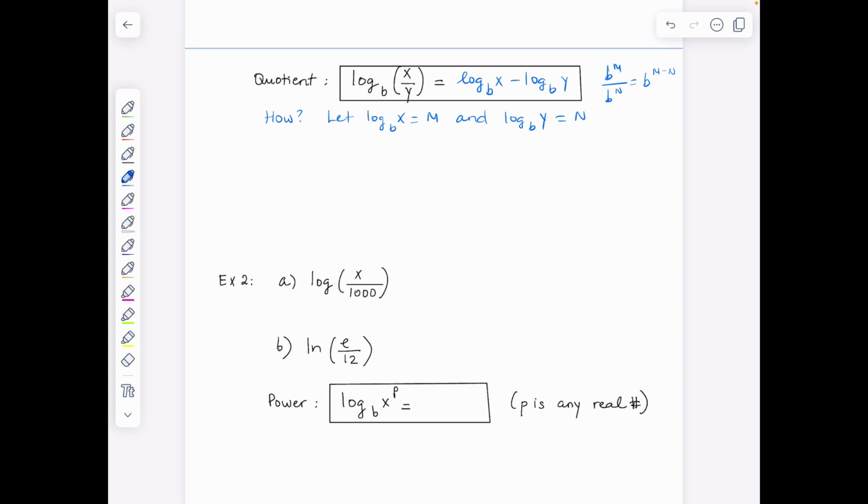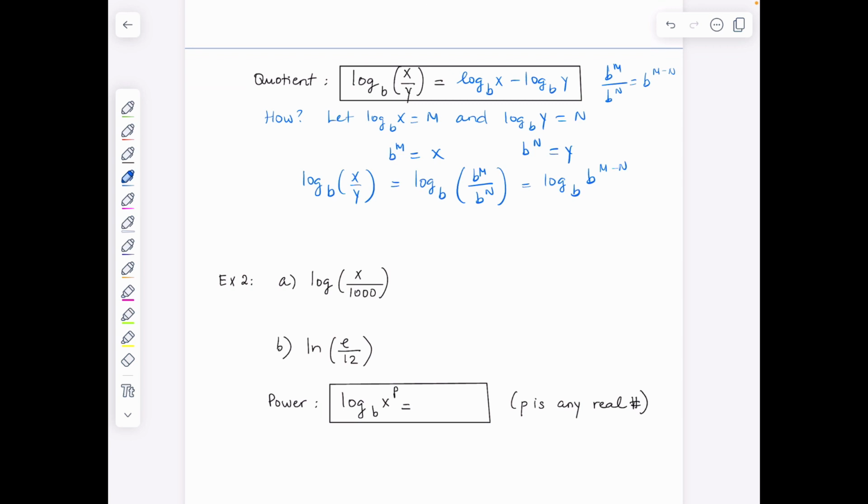Using the definition, we have b to the m is equal to x and b to the n is equal to y. So now when we take log base b of x divided by y, that's the same as log base b of b to the m over b to the n. And we can subtract the exponents in for b.